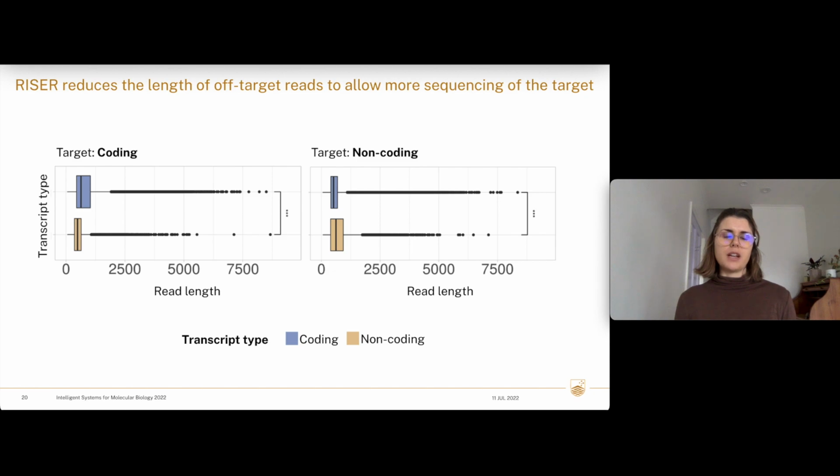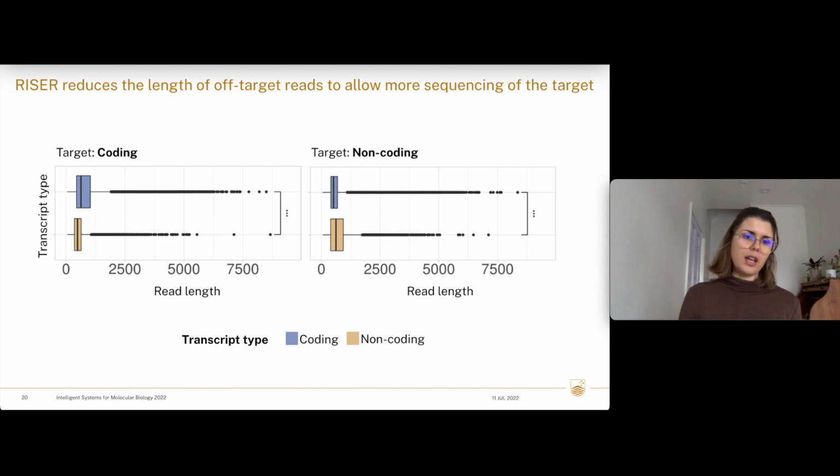We also showed that RISER is effective for real-time targeted RNA sequencing. We ran RISER for 24 hours in real time during a live MinION sequencing run and then mapped the sequence reads to the transcriptome. We found that RISER reduces the length of reads that are off target.